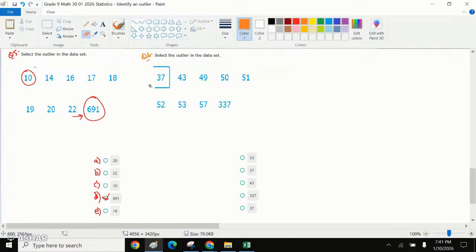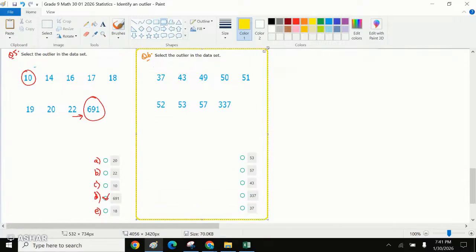They just selected this first box, but it's not the answer. Can I have the answer? Which option should be the outlier, option A, B, C, D, or E?